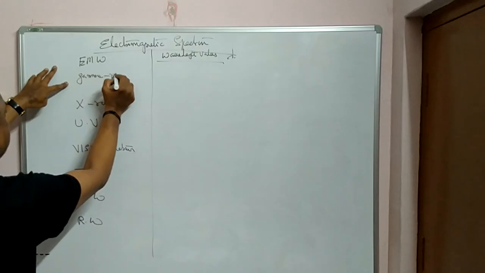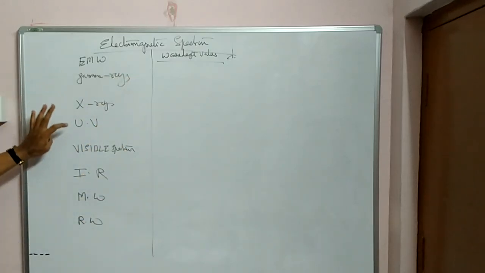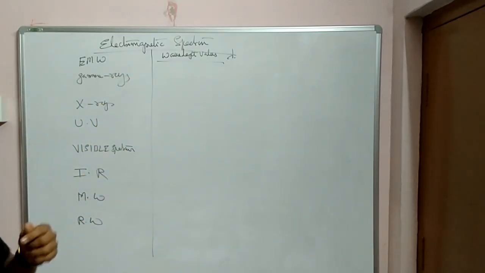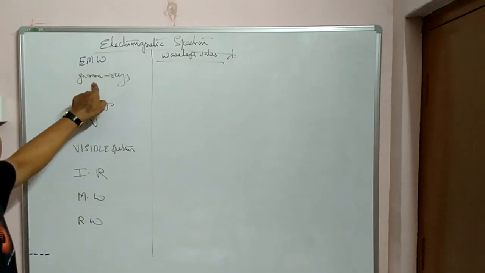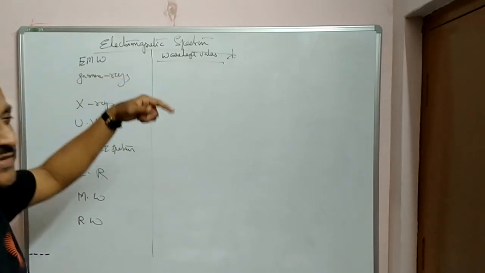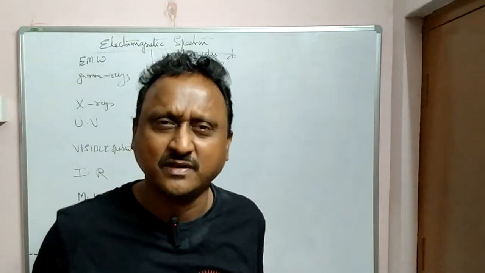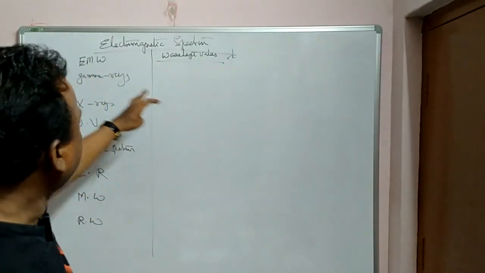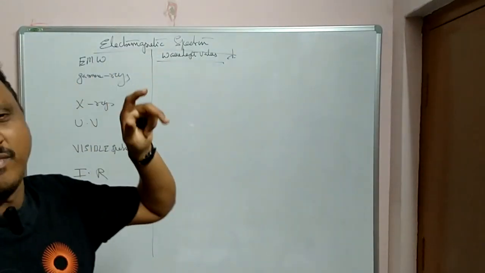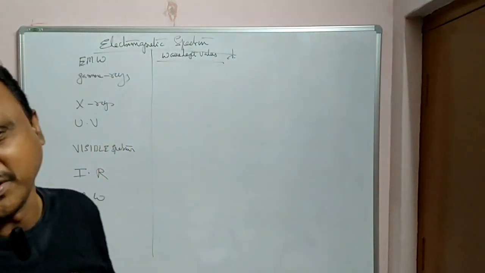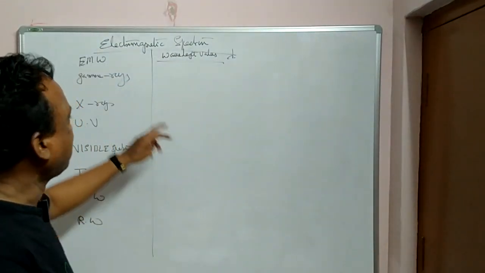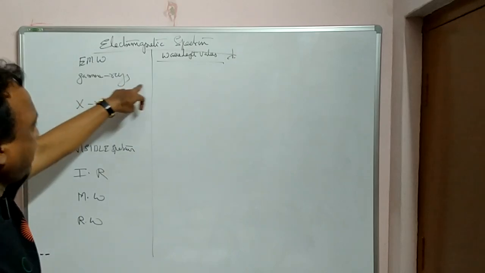Okay, see here, 1 2 3 4 5 6 7. There are 7 electromagnetic waves starting from gamma rays. Gamma rays are electromagnetic waves and very dangerous. If you are continuously exposed to gamma rays, which are present in sunlight, it may sometimes lead to cancer. Now what is the wavelength range?